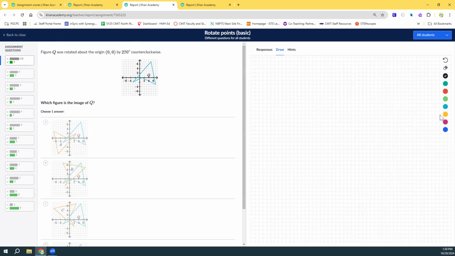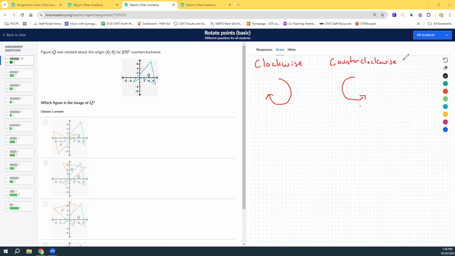So let's start out with making sure we have in our notes clockwise is, now how does the clock move? It moves like this, right? Clockwise is this way, and counterclockwise is the other way.